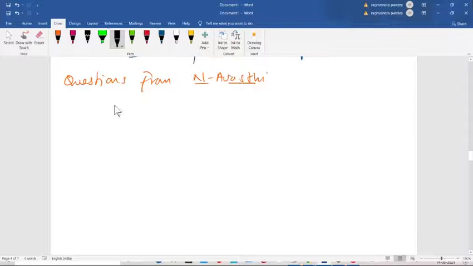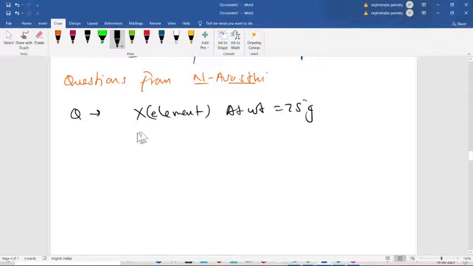Okay. So two elements are there, X and Y. Some element X has atomic weight 75 gram. Element Y has atomic weight 16 gram.